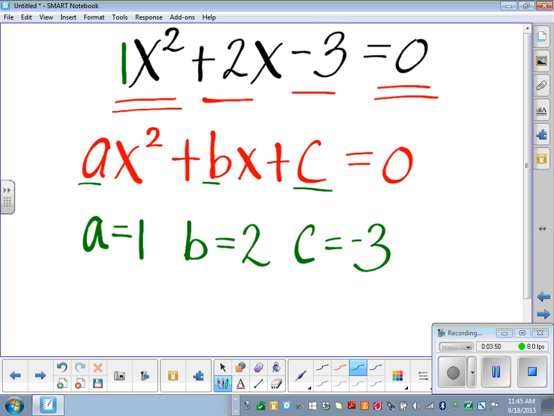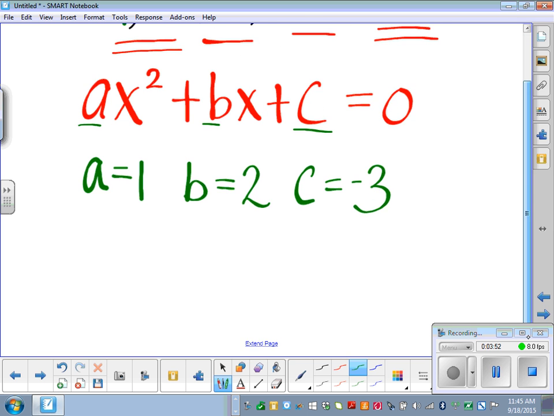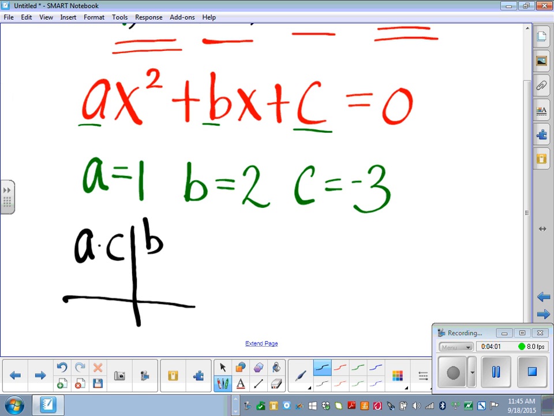So then we go through and we learn factoring like this. We're doing what multiplies to be a times c, and adds up to be b. So a times c would be 1 times negative 3. So what multiplies to be negative 3 and adds up to be b, which is 2.